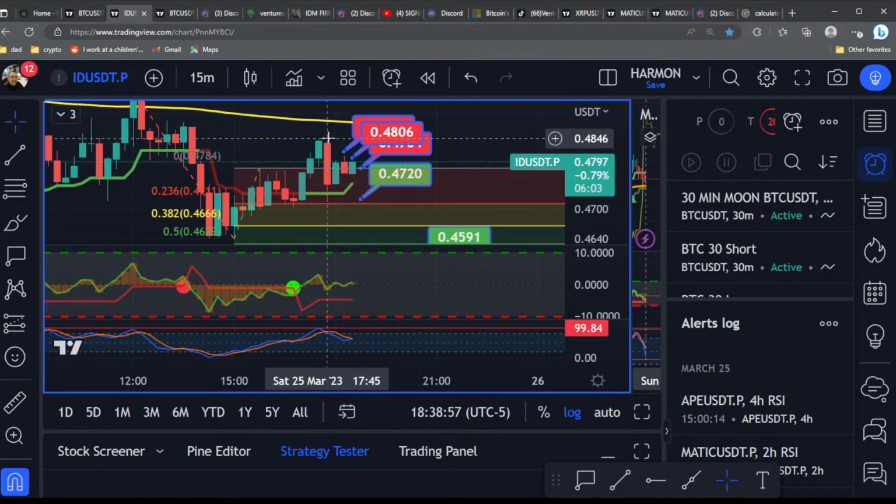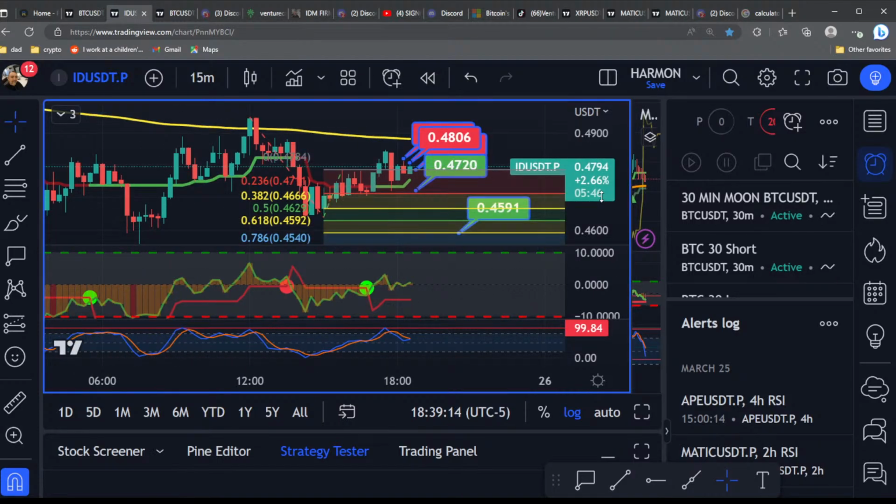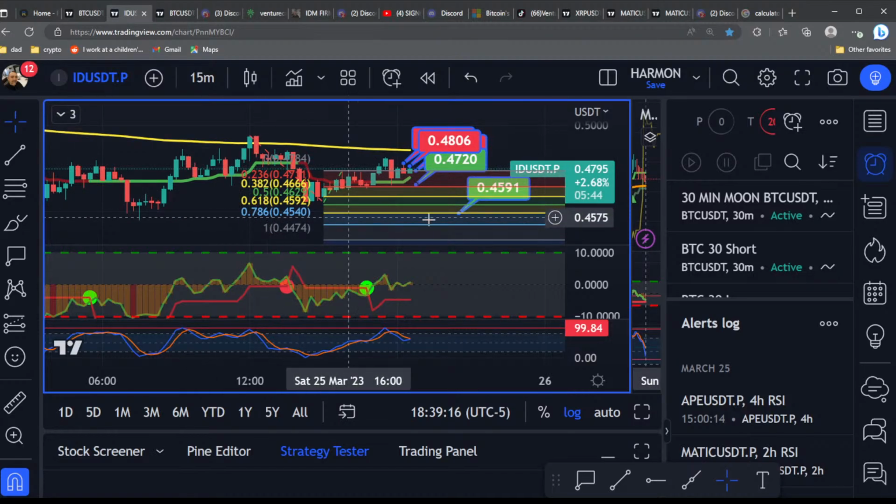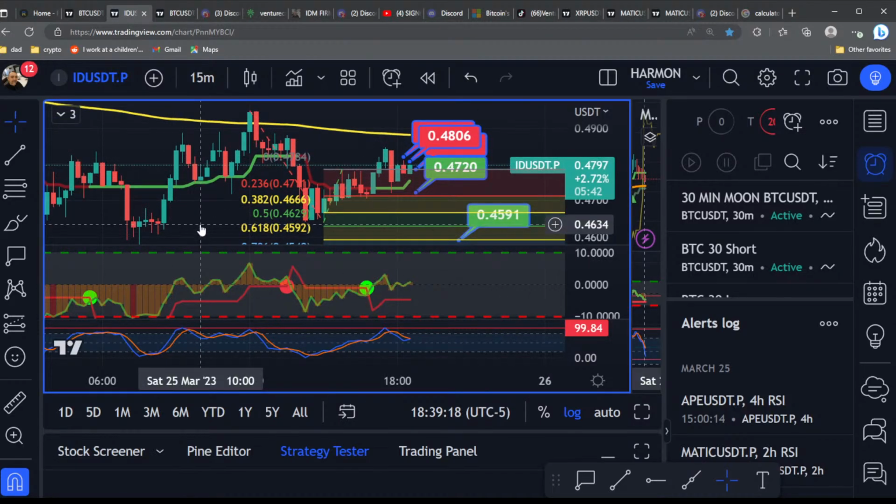These zones up here are the highest zones, 48, 46. And now we're just rejecting off this little area here. And eventually this 15-minute should give up on the RSI. So that's how you use your Fibonaccis, guys, to give you an extra idea of what's happening. And right now the 15-minute is showing that it's thinking that a short is bigger than a long.